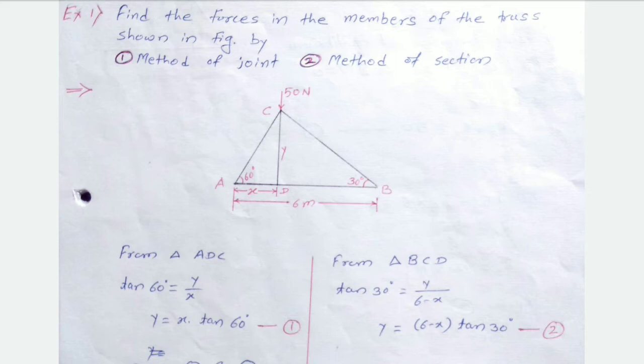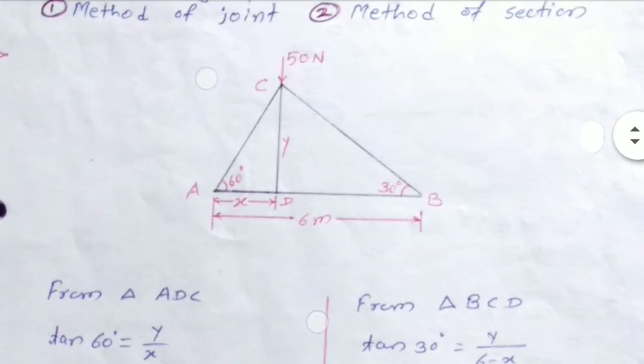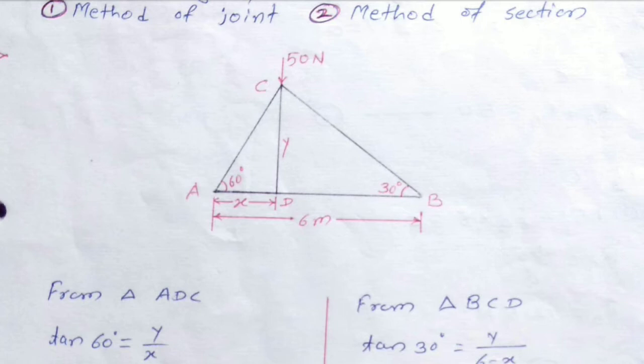Find the forces in the members of the truss, which is given here, that is A, B, C, having a point load of 50, having reaction forces at point A and point B, and the angles are given also. The distance is also given: D is at distance x from point A, and the total distance A to B is 6 meter.